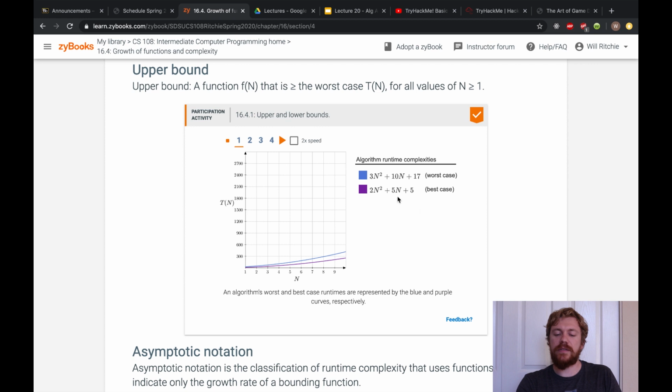And so the idea is that your lower bound is going to be some function that is less than the best case. And your upper bound is going to be some function that's worse than the worst case in terms of growth. So how can we see growth?